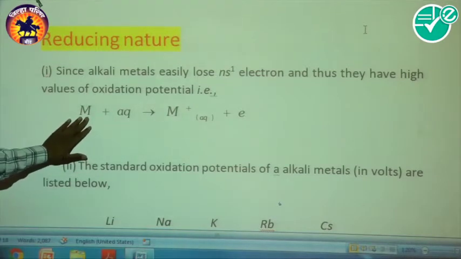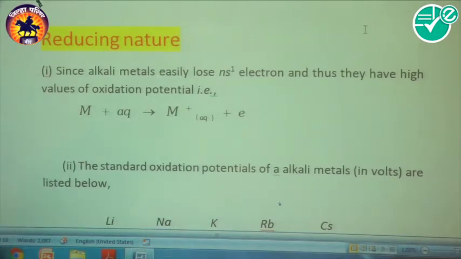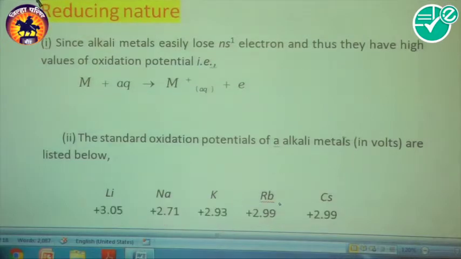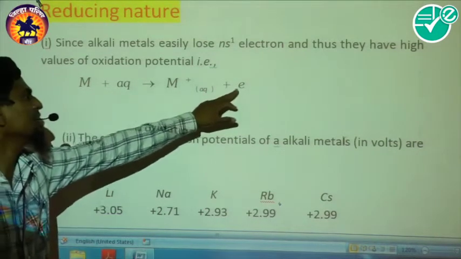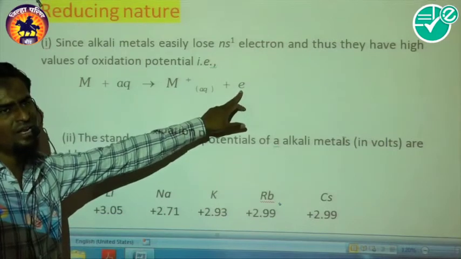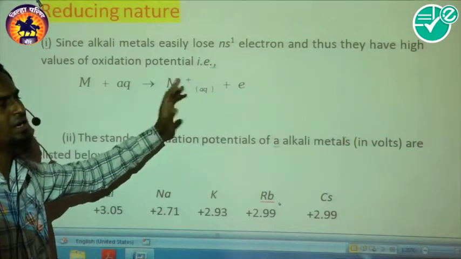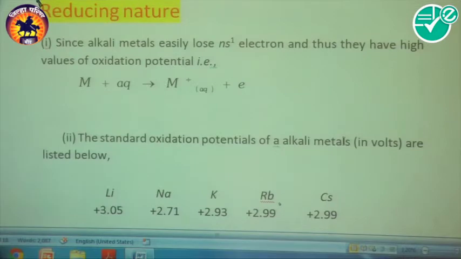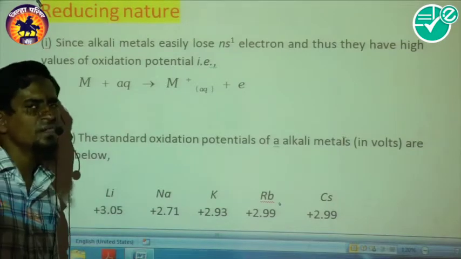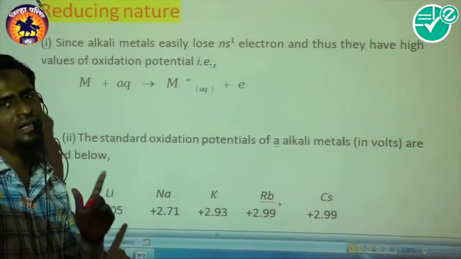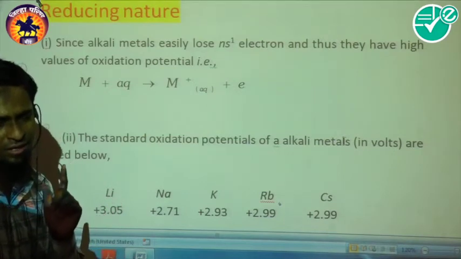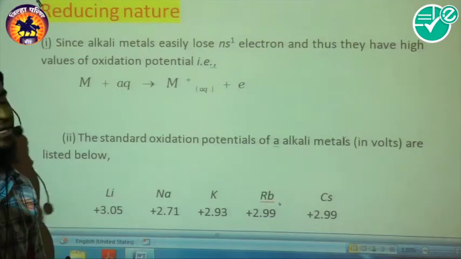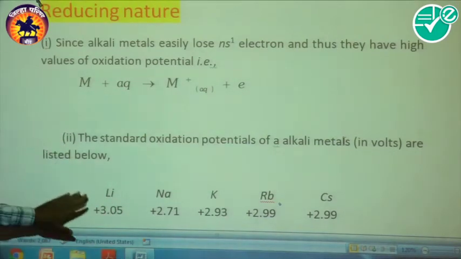So here alkali metals and alkaline earth metals are very strong reducing agents, because they can liberate their valence shell electron and form M plus ion, whether lithium, sodium, whatever you take. You know in the electrochemical series that lithium is a very strong reducing agent. So their strength I am showing here.